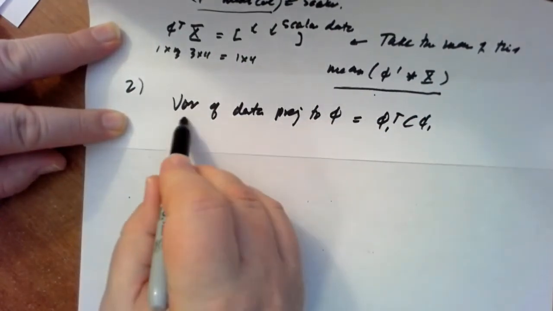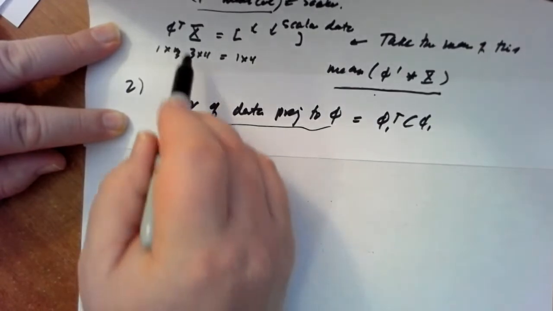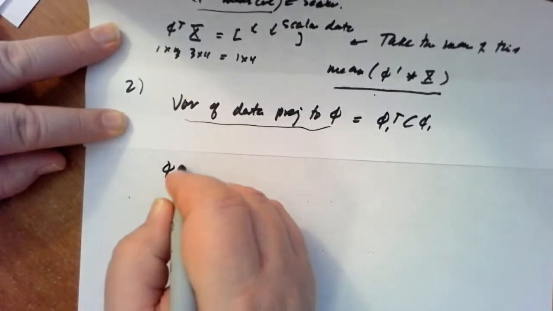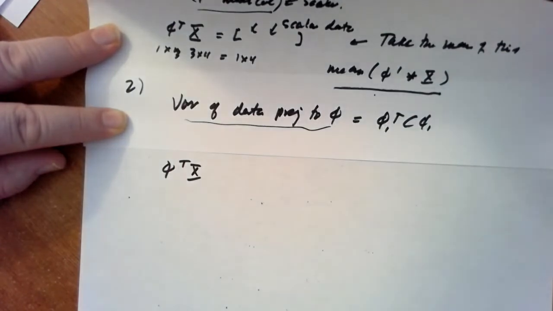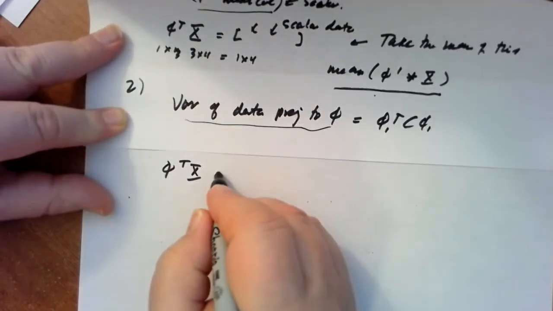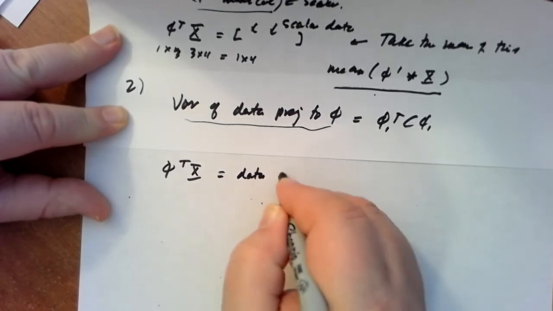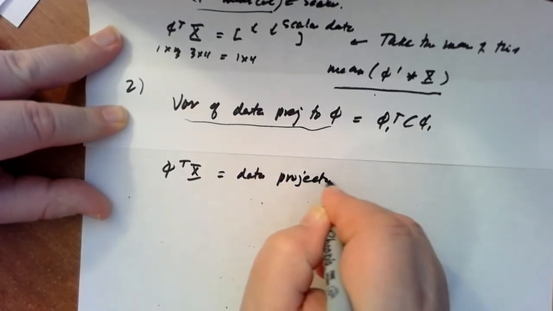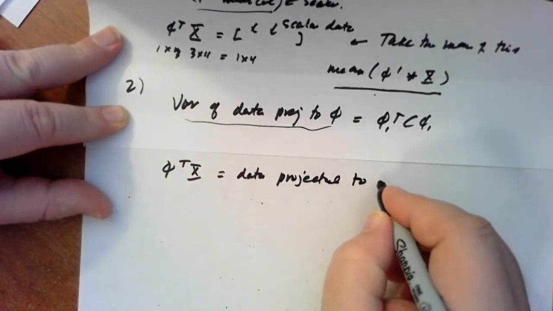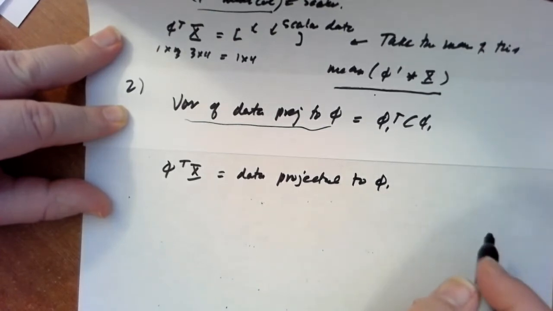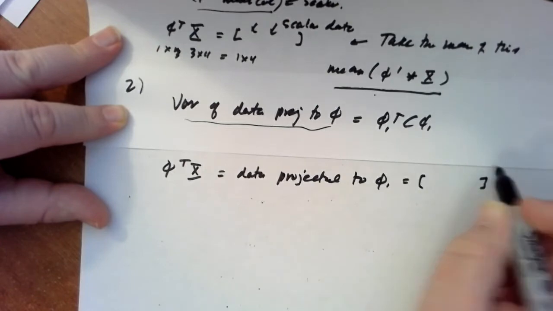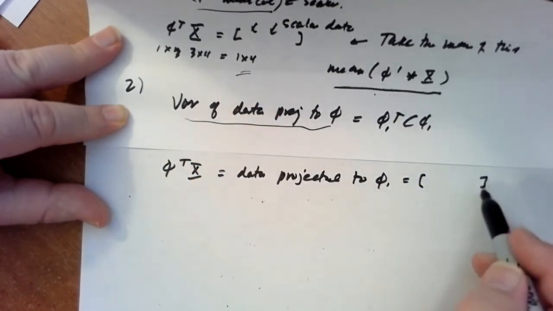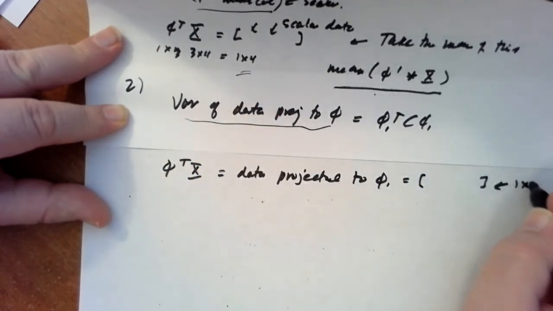How do I take the variance of the data projected to phi? Well, this column here, phi transpose x, is the data projected to phi. And this is also a 1 by 4 array.